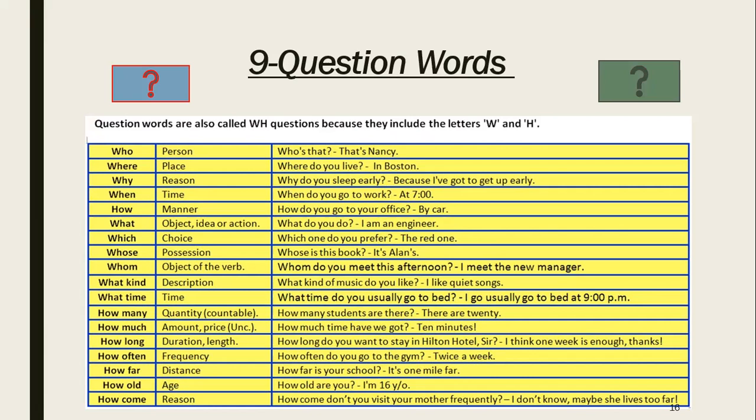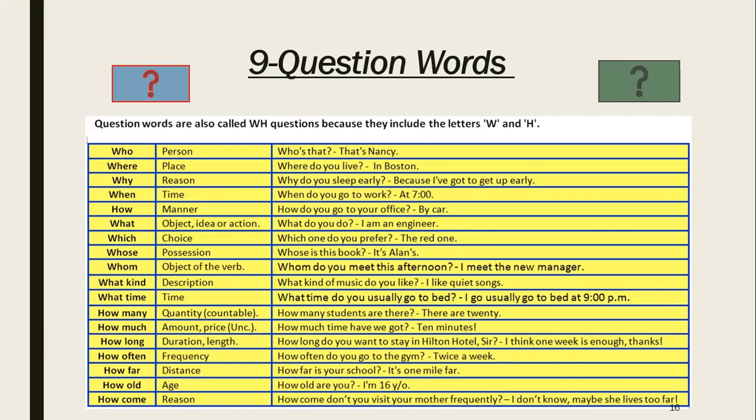I'm 7, I'm 8, I'm 30, I'm 40 years old, whatever. And if you ask about the reason, you can say why, as we have said before, and we have how come. But how come is a little informal. Like if I say, for example, I spilled the milk. You see, how come? How come means how did you do this?